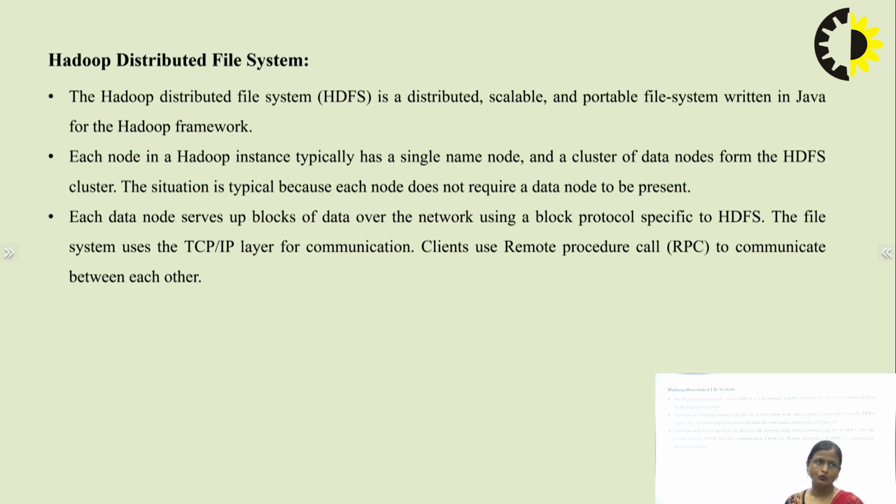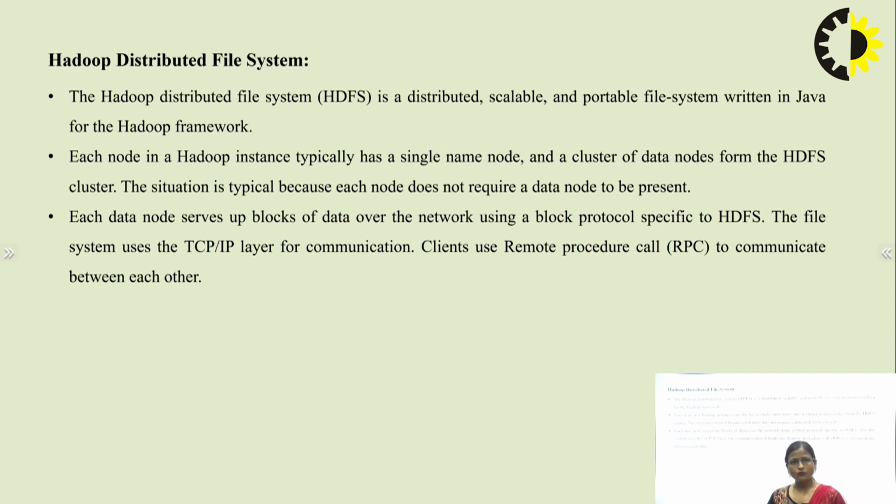Each node in a Hadoop instance typically has a single name node and a cluster of data nodes, because the data is basically stored at a data node, and all the data nodes are managed by the name node. That means a single name node can handle all the data nodes. So basically the data stored in data nodes can be handled by the name node.